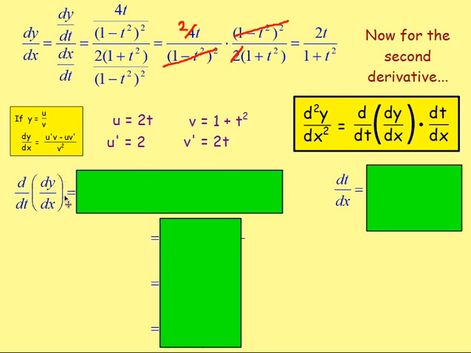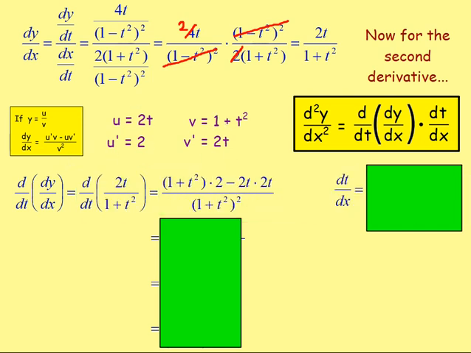From there, differentiating dy by dx with respect to t, we would have u dash v minus uv dash over v squared. So the derivative becomes 2 times (1 plus t squared), take away 2t times 2t, over v squared, so (1 plus t squared) all squared. From there, simplify the top.